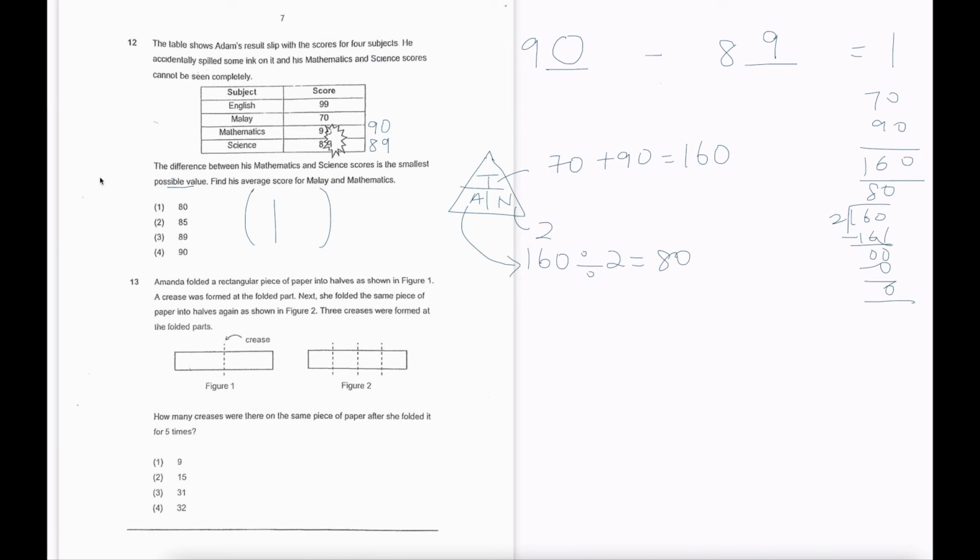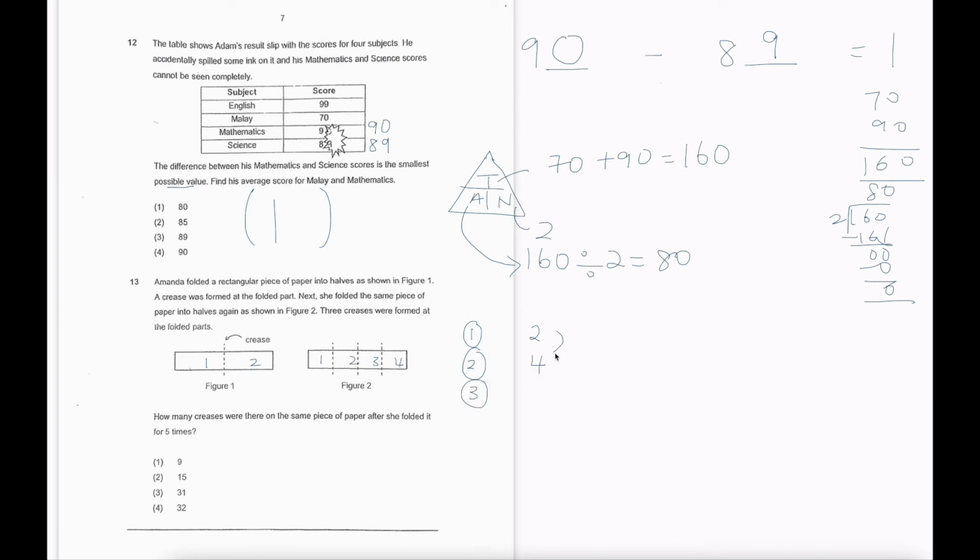So you do realize that every time I fold, I'm getting 2 parts. Okay, so I fold 1 time, my paper gets divided into 2. If I fold it 2 times, my paper gets divided into 4. Okay, what if I fold it 3 times?